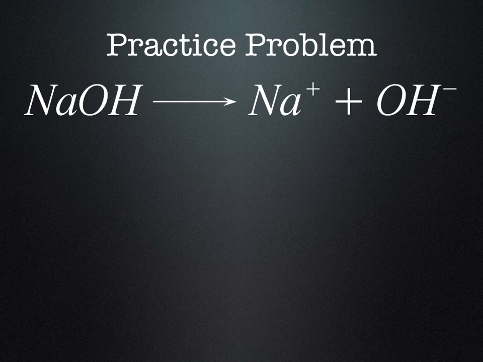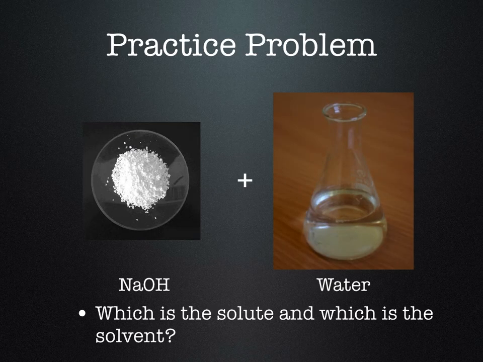Next practice problem. We have NaOH going to Na plus and OH minus. Now remember our definition of a base. So here's our example. We have NaOH on the left and water on the right. Which is our solute and which is our solvent?